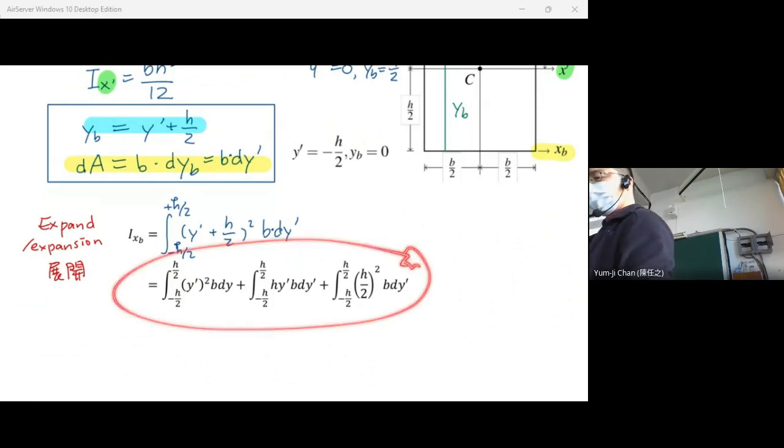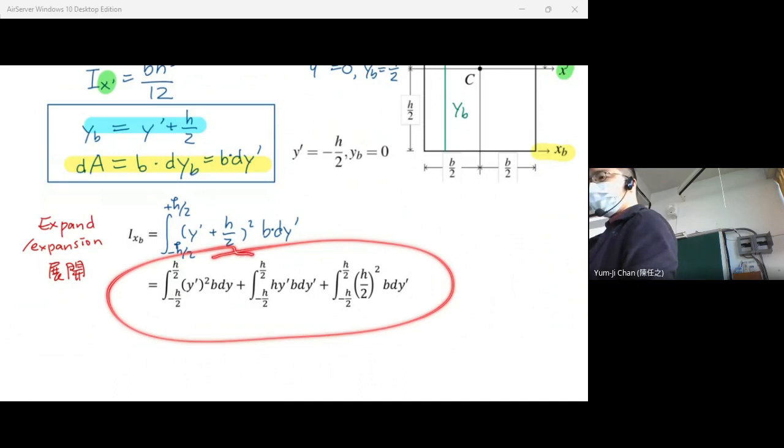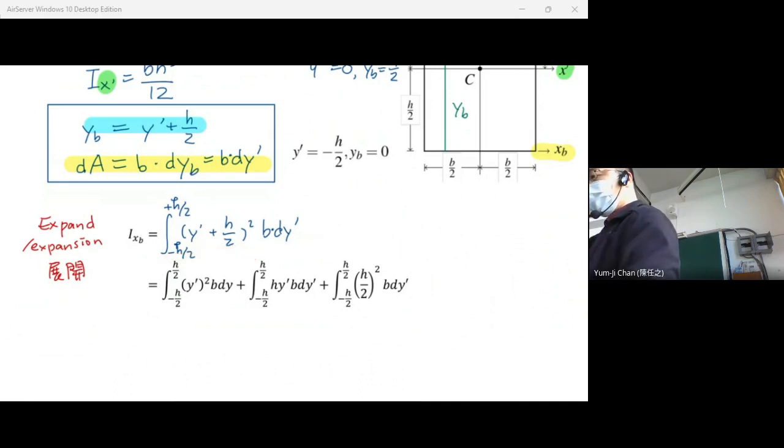We can have these three, and oh, sorry, I should have a prime here. So we have expansion on this bracket. We can get these three terms. Of course it looks scary, but it is not that difficult.